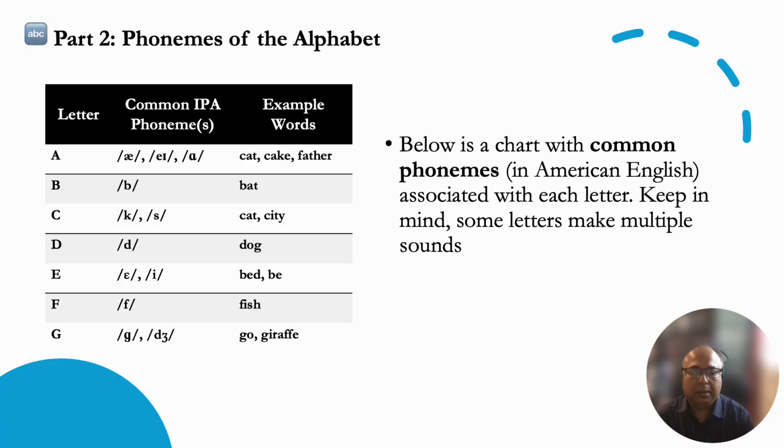E has 2 phonemes, so bed and be. F is represented by phoneme F, as in fish. G could be pronounced 2 ways, G and J, as in go and giraffe.